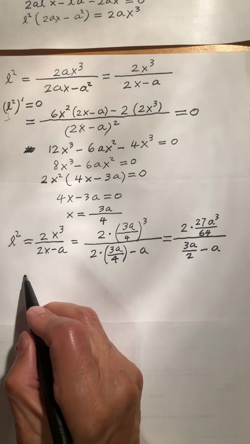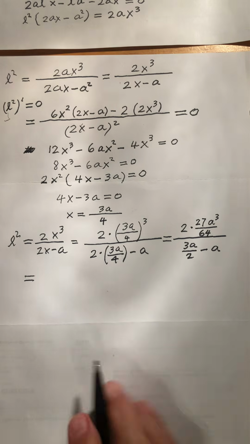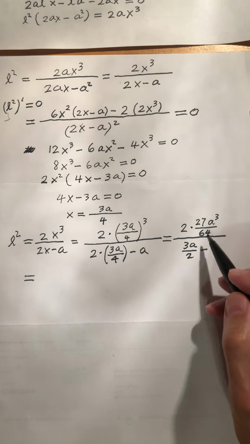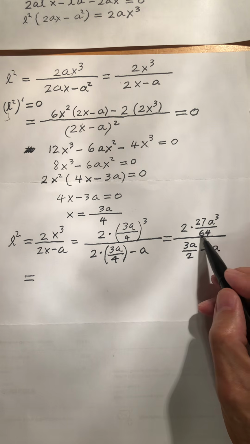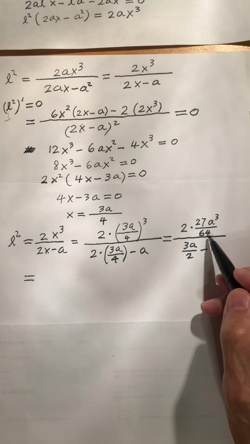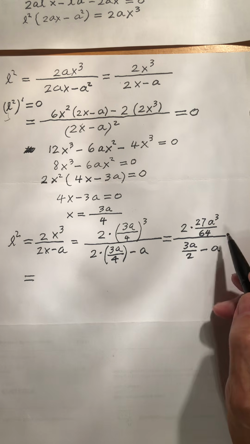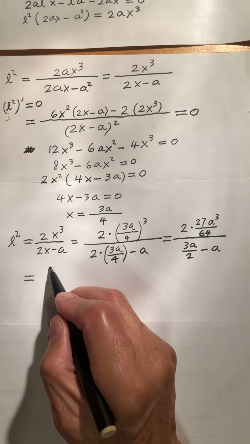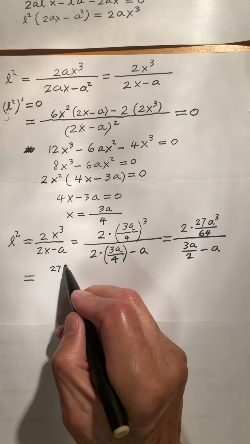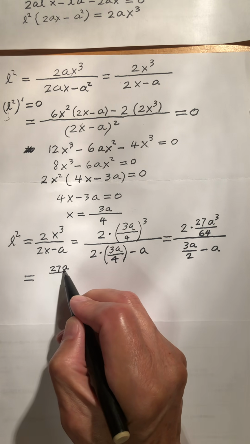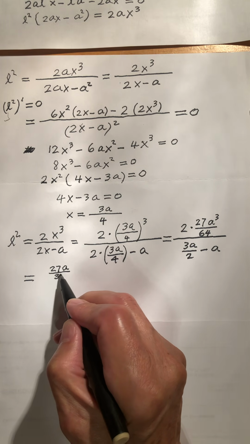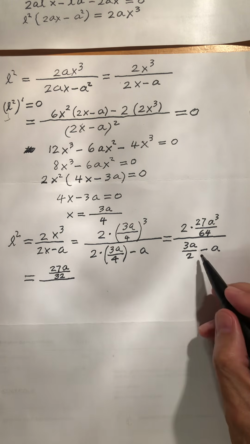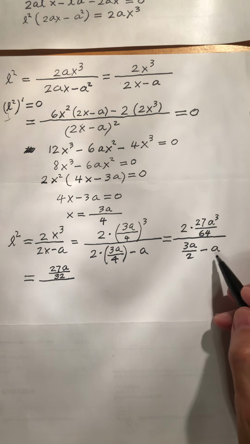So let's continue here. 2 and 64 can be reduced. It becomes 32. So I have 27a over 32 divided by, let's do this.